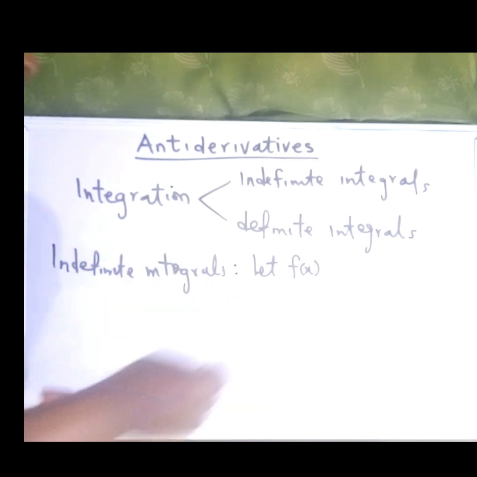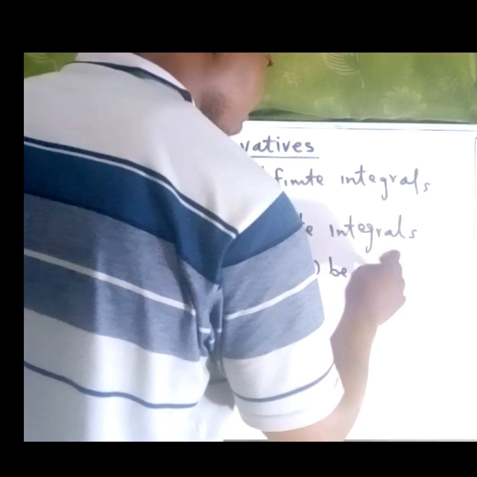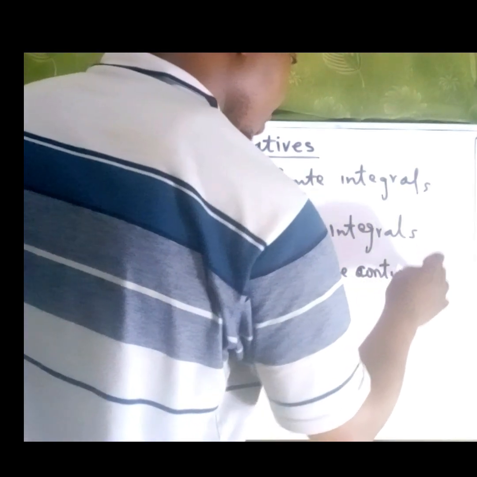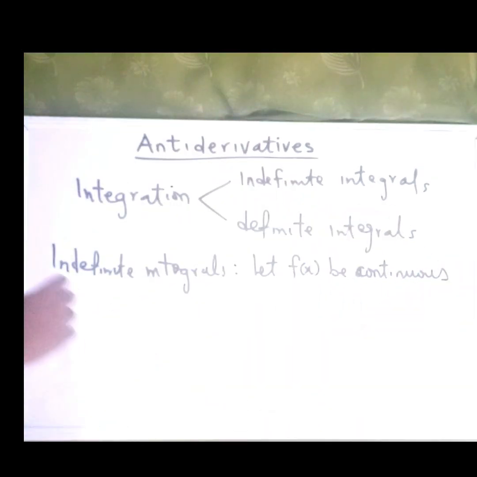So let f of x be continuous on R. So R in this case represents the real line.